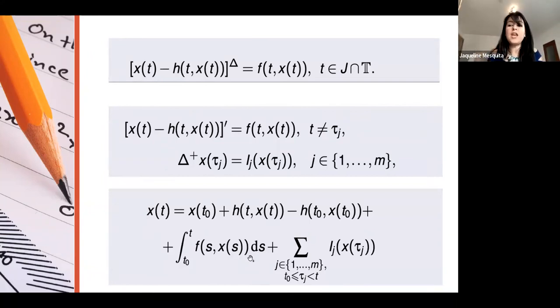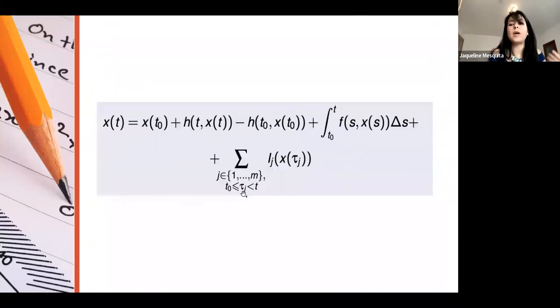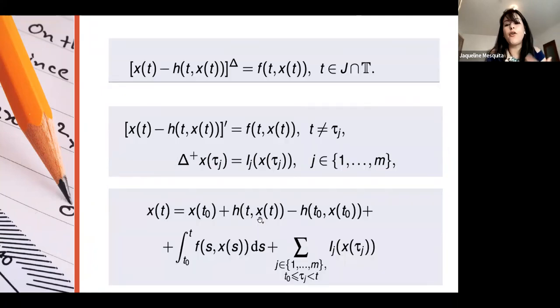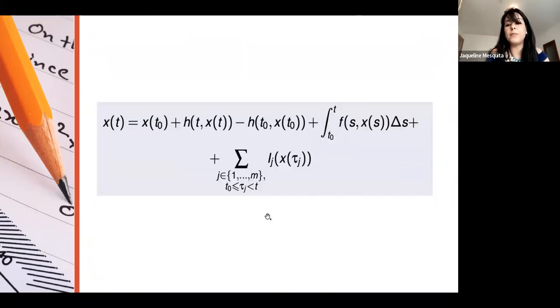With this g, we can have a relation with delta integrals, as we saw before. Using that, we can have a relation between these types of equations and this one on time scales. So we have all the relations between these types of equations, and by proving a result for this type of equation, we can translate these results to all these other types of equations.